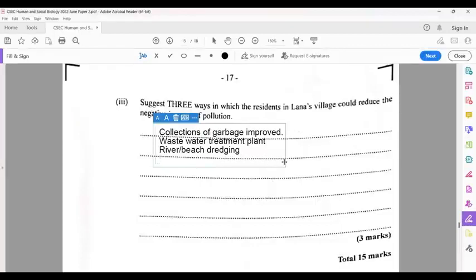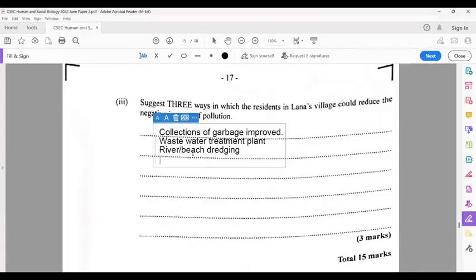It will remove the large collection of garbage bags that happens between the time they presently are taken to collect. So once you improve that, that pollution problem will be resolved. A wastewater treatment plant, because as it says, the water from the washing machine is running straight into the waterways.